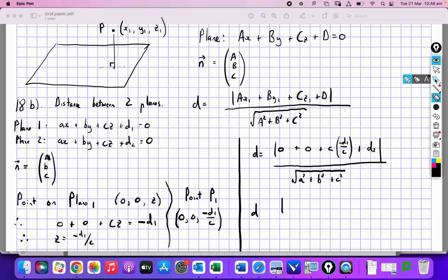Let's do that. d2 minus d1 divided by the square root of a squared plus b squared plus c squared. Okay, so that's it. It's done. If this value d2 minus d1 came out as a negative, we would have to make it positive. That's all the modulus says there.